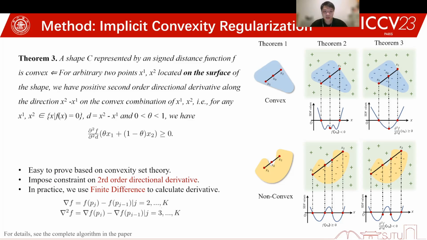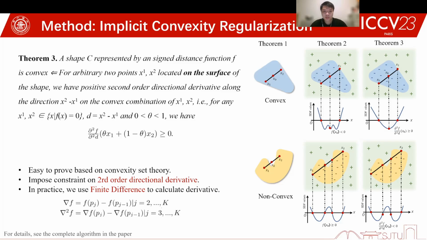So this is theorem 3. A shape represented by an SDF is convex means that for arbitrary 2 points, x1 and x2, located on the surface, we have positive second-order directional derivative along the direction x2 minus x1 on the convex combination of x1 and x2.